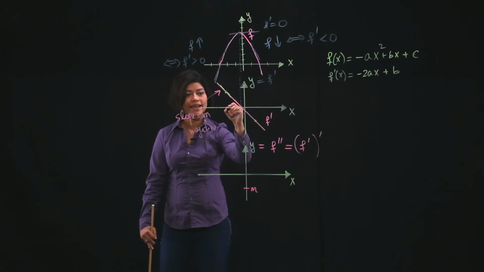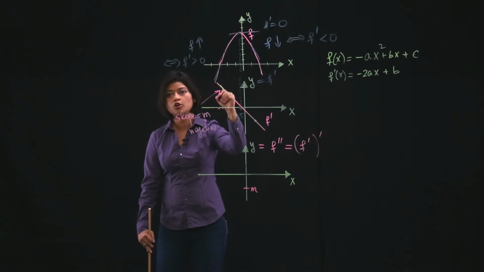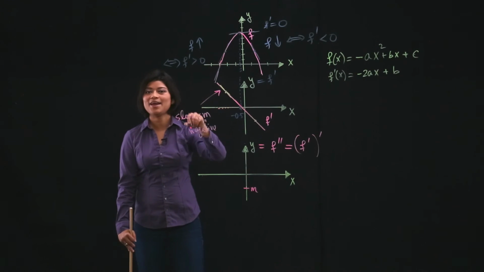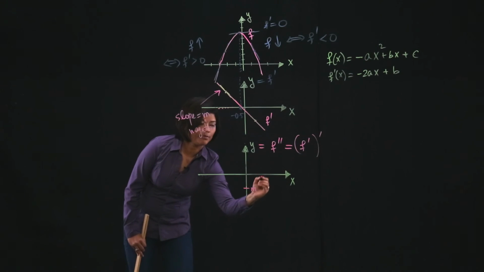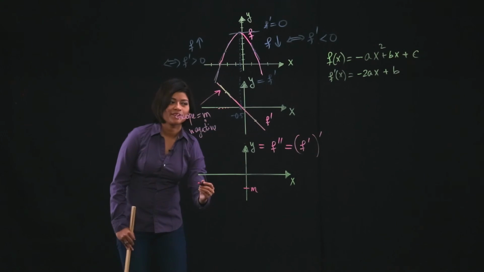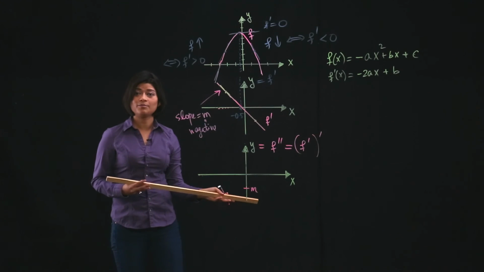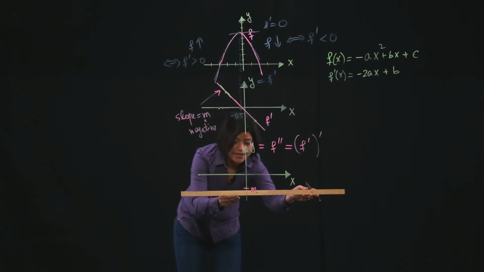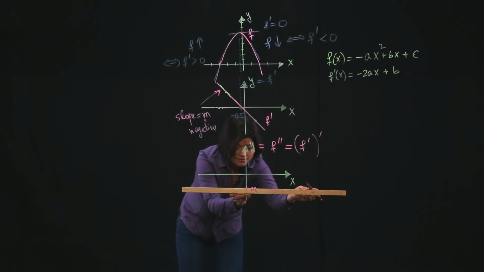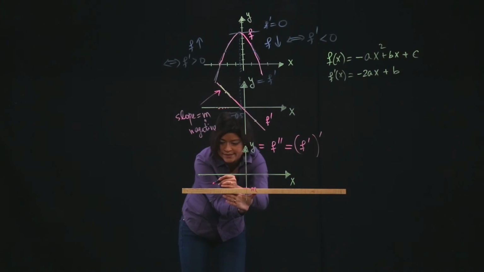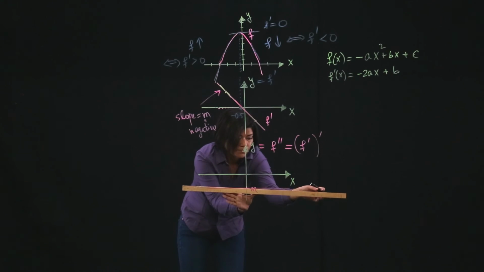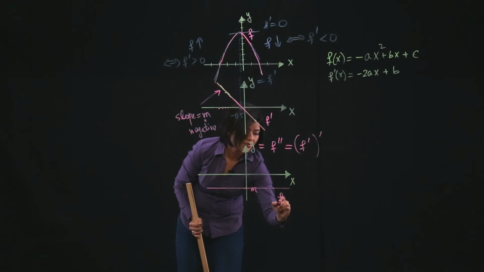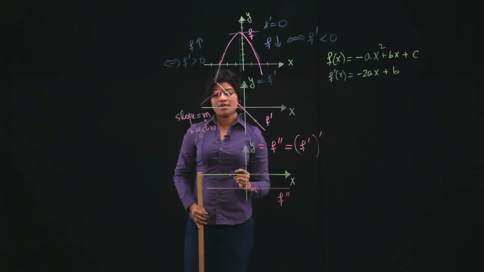So at every x value, what is the slope of the tangent line? It is m. So at every x value, the value of f double prime is m. Therefore, what will f double prime look like? It is a horizontal line passing through m. So this is f double prime.